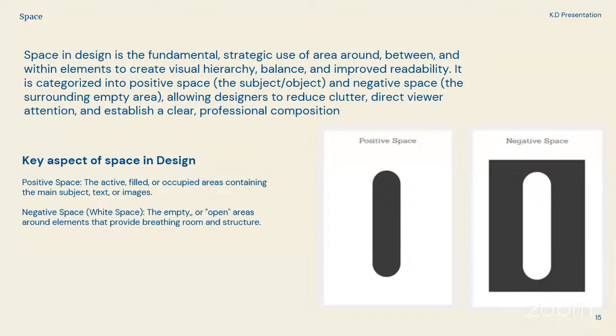Space in design is the fundamental strategic use of area around, between, and within elements to create visual hierarchy, balance, and improve readability. It can be characterized into two, negative and positive space. Positive space is the active field or occupied areas containing the main subject, text, or image, while negative space is the empty or open area around elements that provides breathing room and structure.